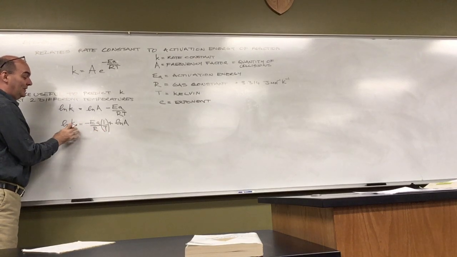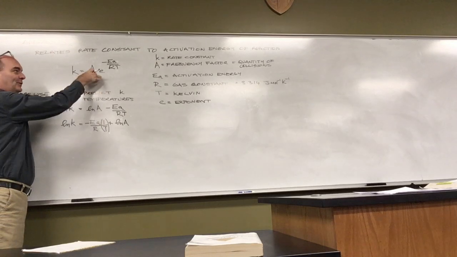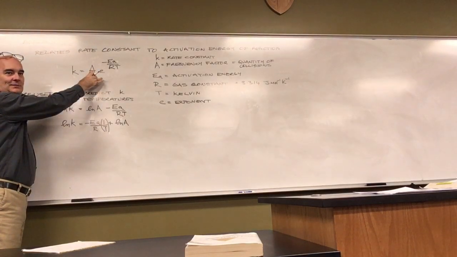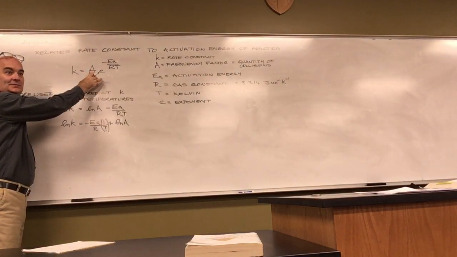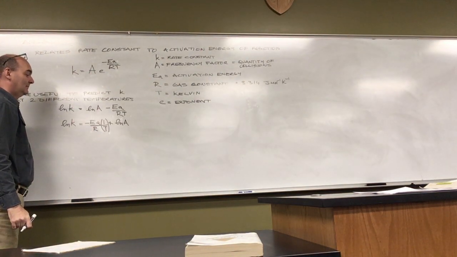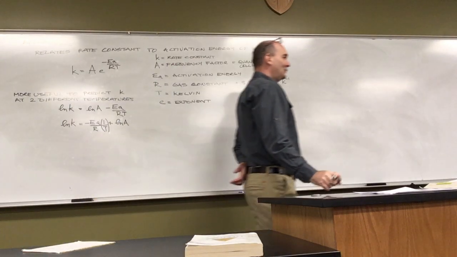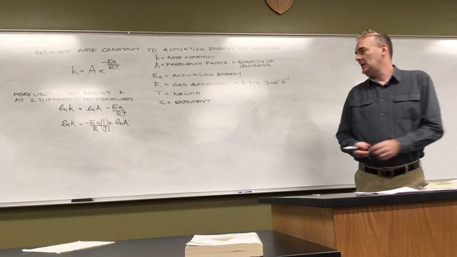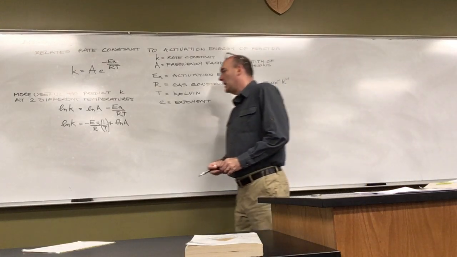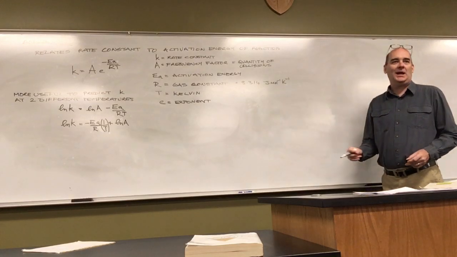So this equals that, which is equivalent to the very first thing that I wrote down. Yes? Okay. What do you think the proportionality between ln k and minus Ea over R times 1 over T plus ln A looks like?